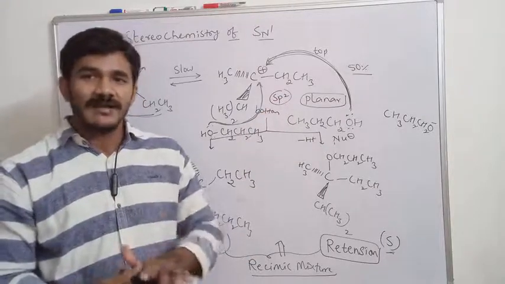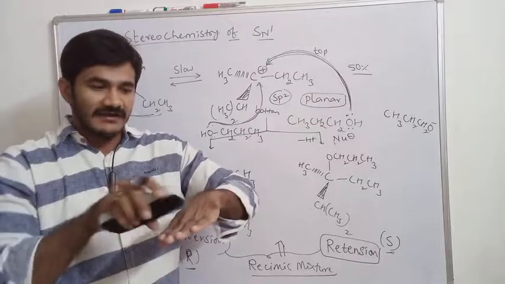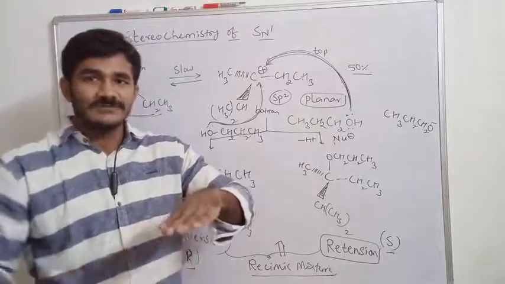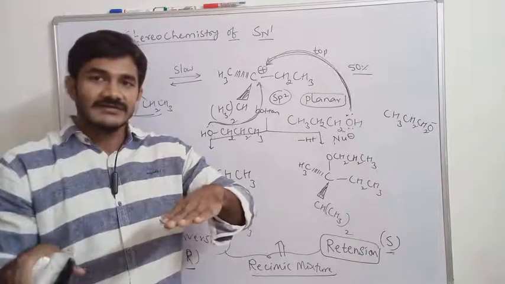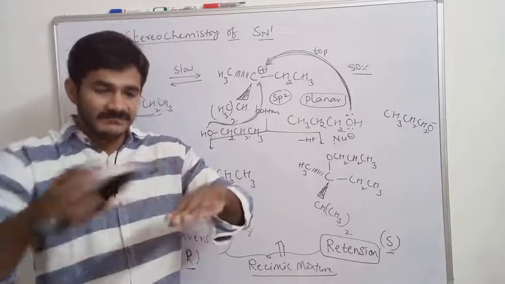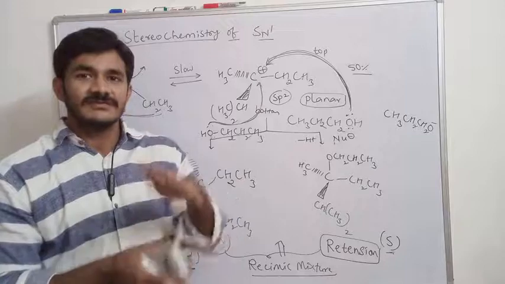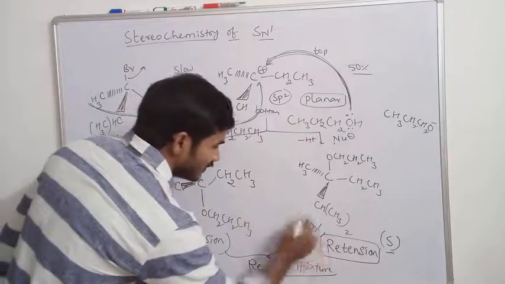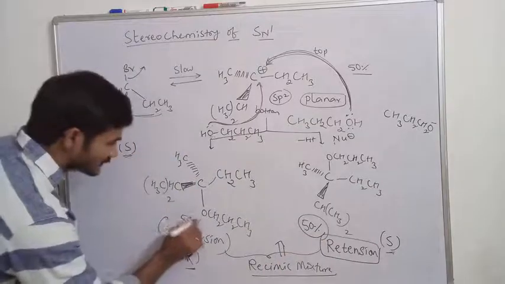With the molecule planar like this, the nucleophile can attack from the top side and from the bottom also. Two types of possibilities are there. Front side 50% chance, from the bottom also 50% chance. So the product retention you get 50%, inversion also you get 50%.